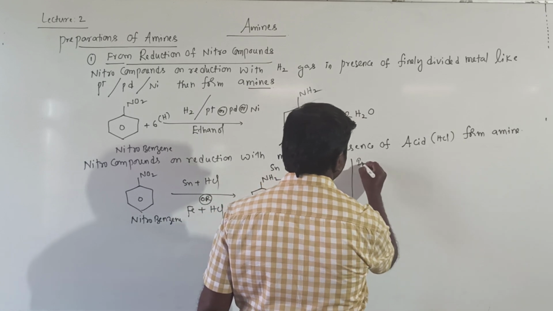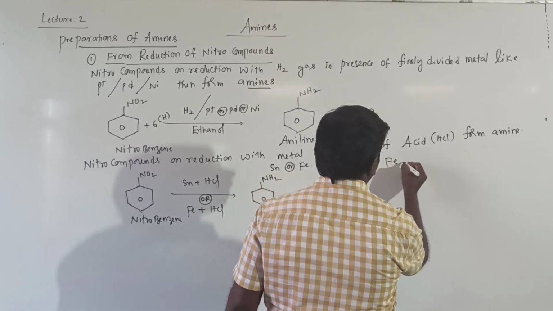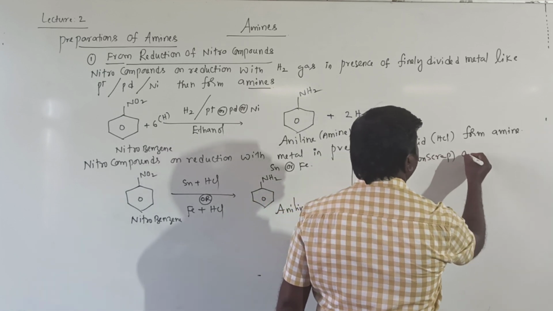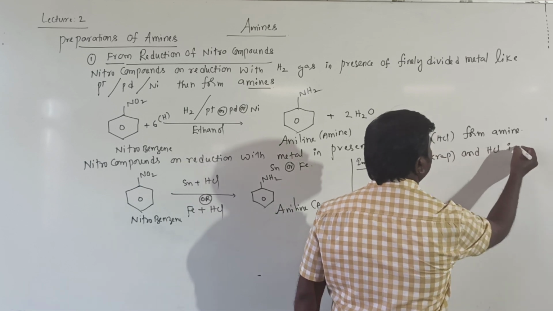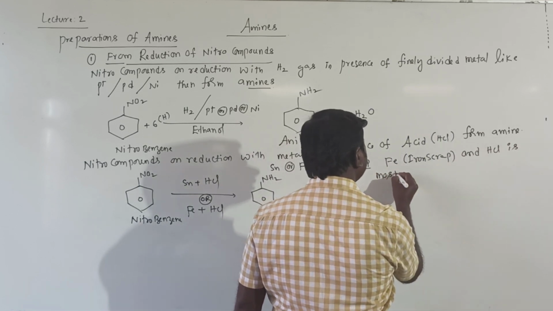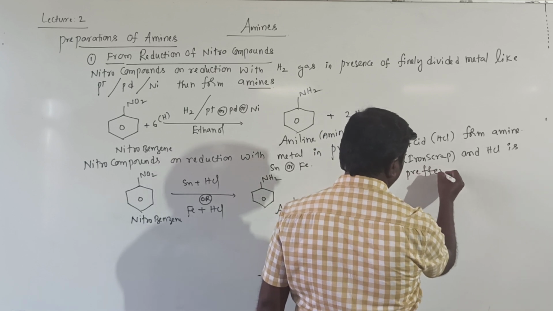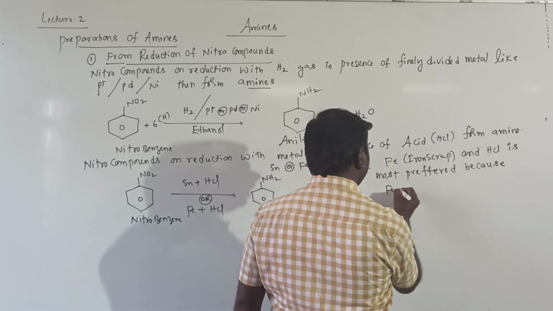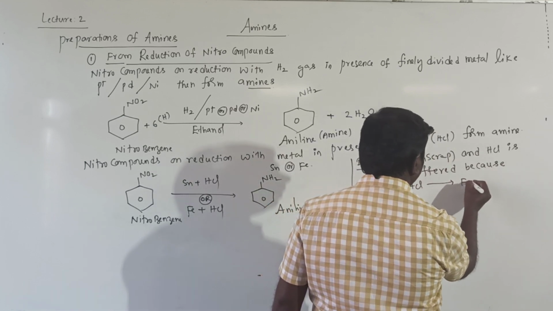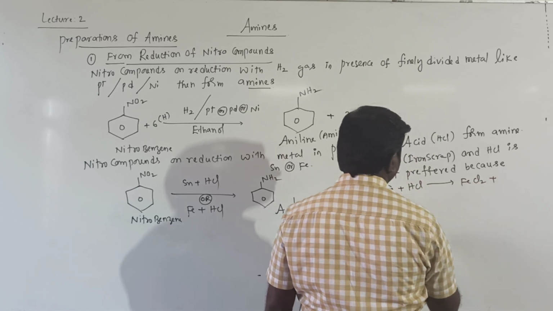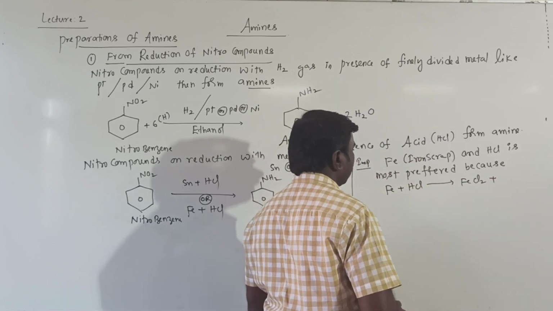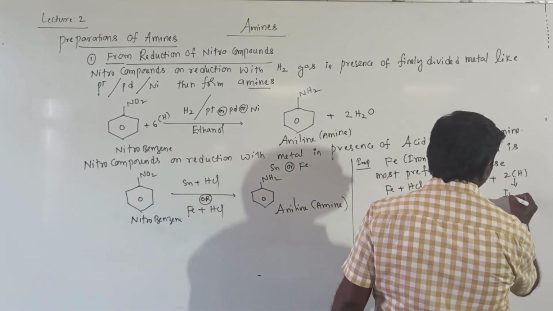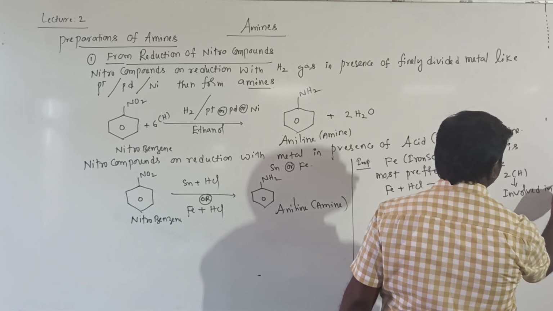Important one here, students. Iron scrap and HCl is the most preferred one, because Fe plus HCl gives rise to FeCl2 plus hydrogen. FeCl2 is formed here, and 2 hydrogens are involved in reduction, these two.